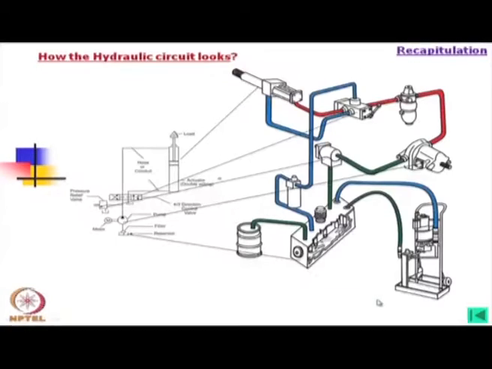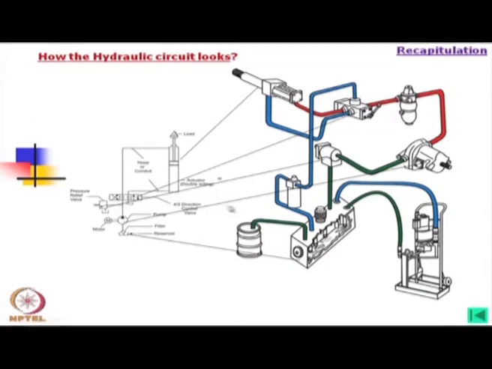Now, this is not a photographic view, again it is schematic, some 3D view we have developed. As you see, this is the actuator, it may look something like this, it may be different also, and then this is the direction control valve, and this is our pump, and this is the pressure relief valve, and this is the reservoir.